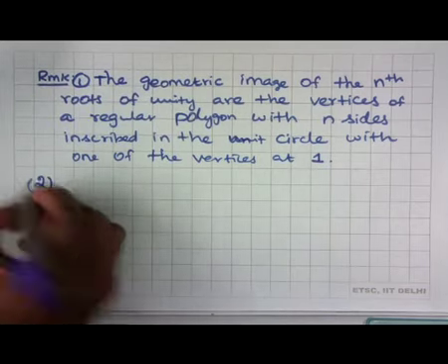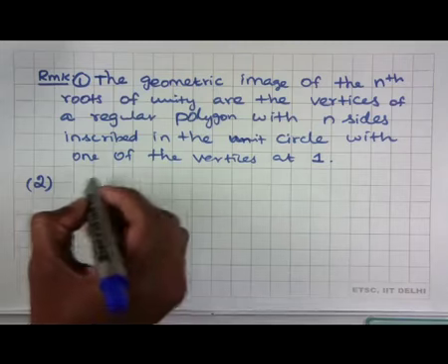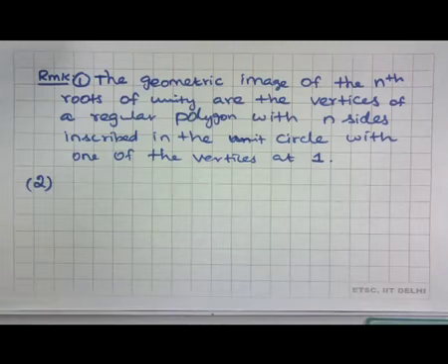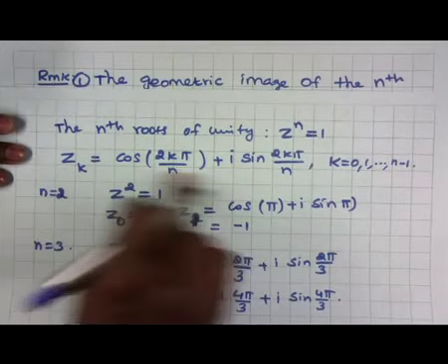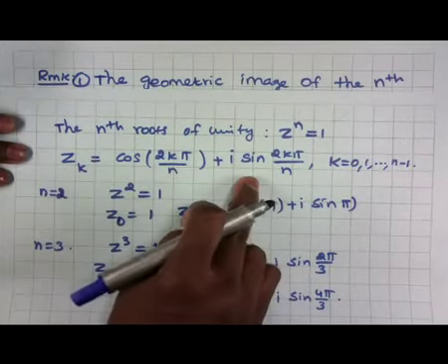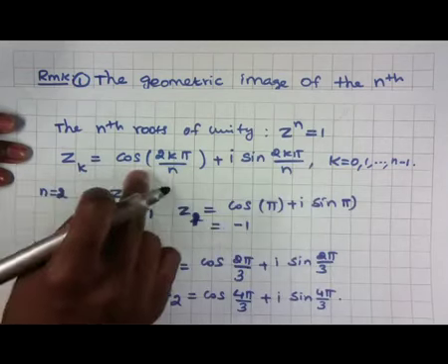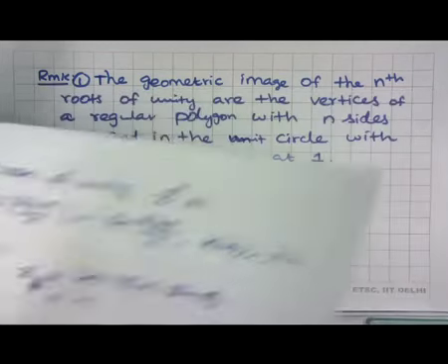Remark 2, if we look back the definition of Zk, k equal to 0 is a trivial one, that is 1, and let us consider Z1.